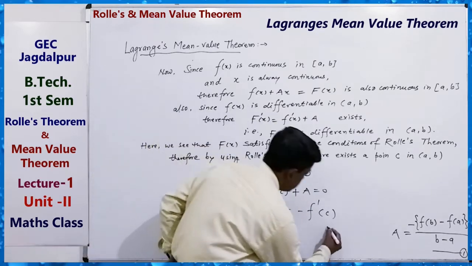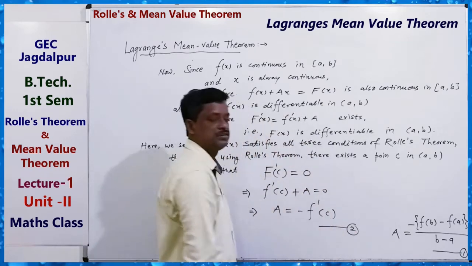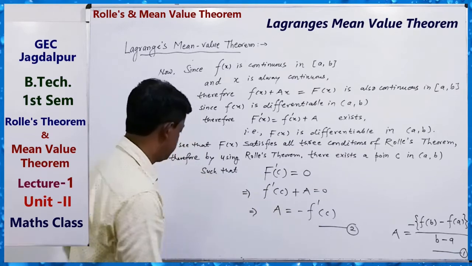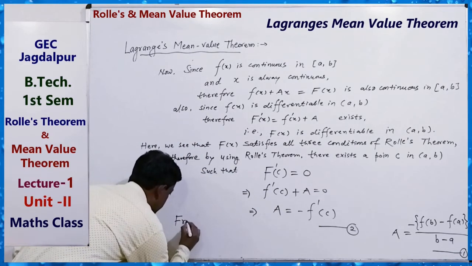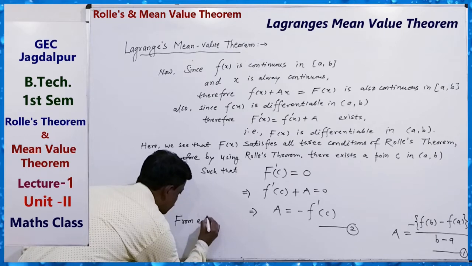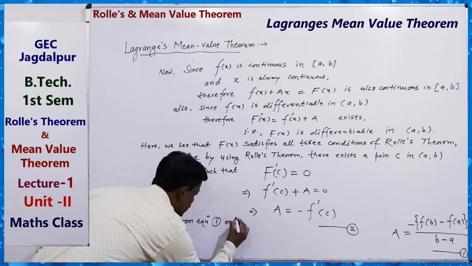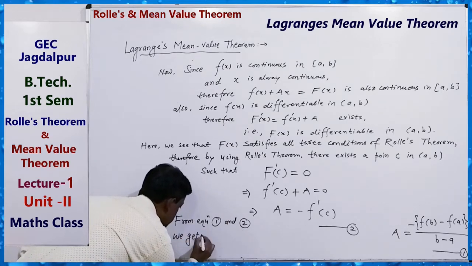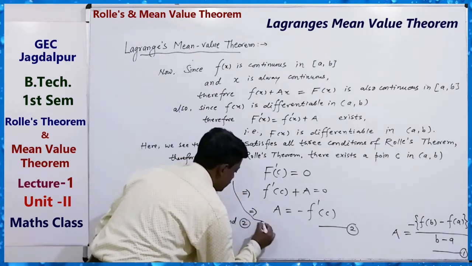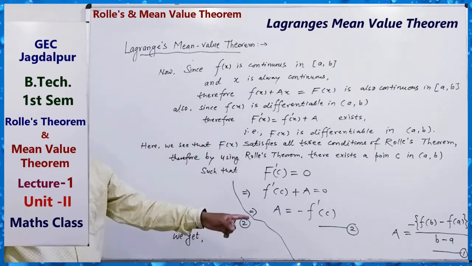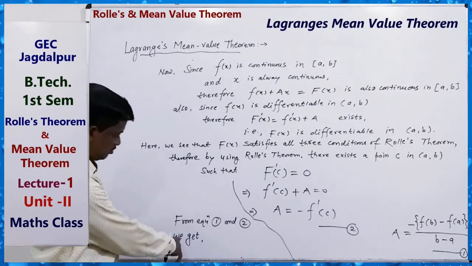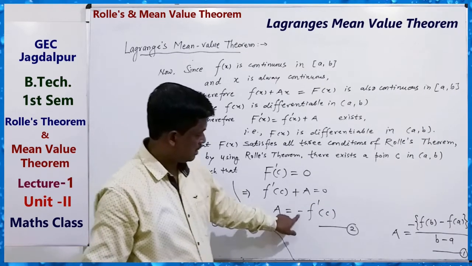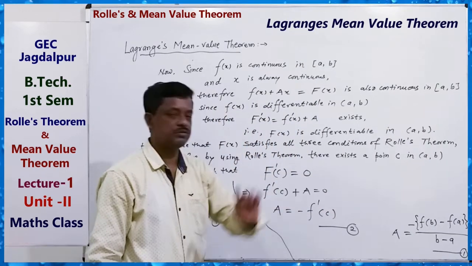Now this is the second equation. From equation 1 and equation 2 we get A equals, minus cancelling, f dash c equals this.